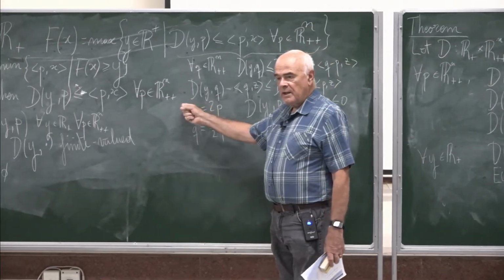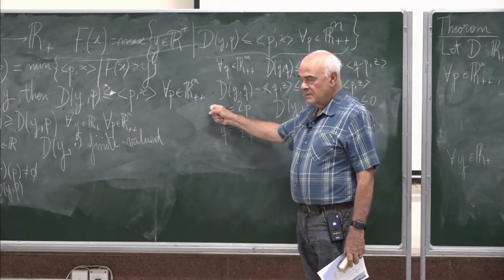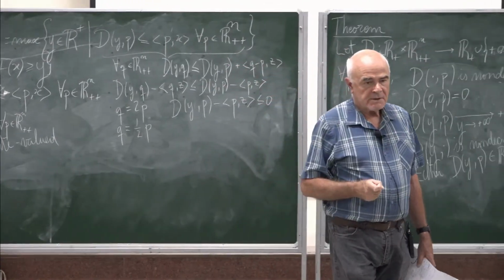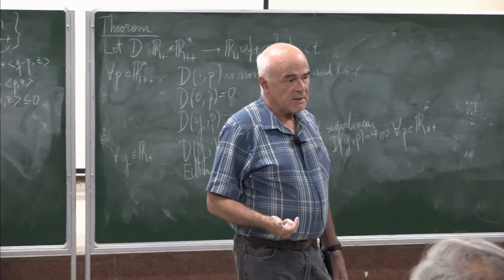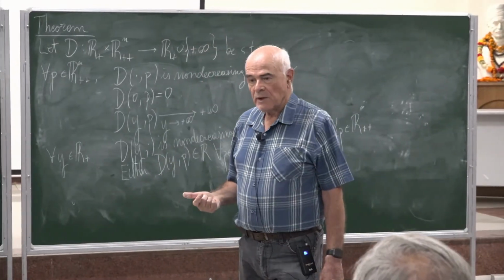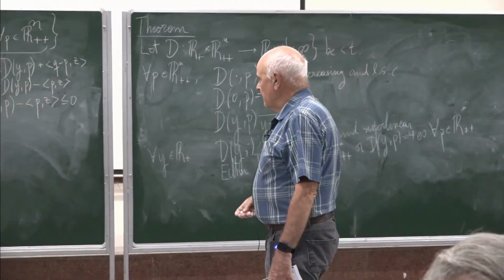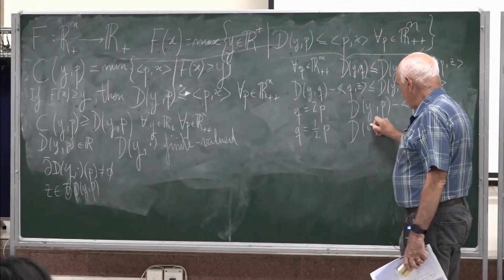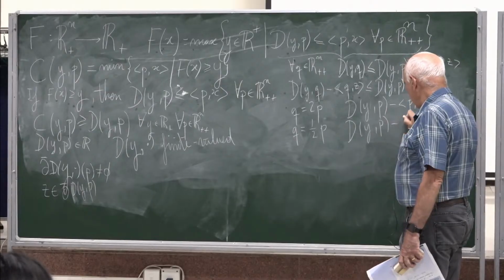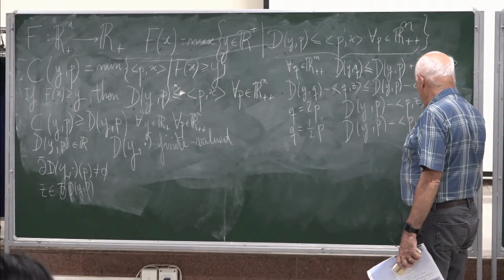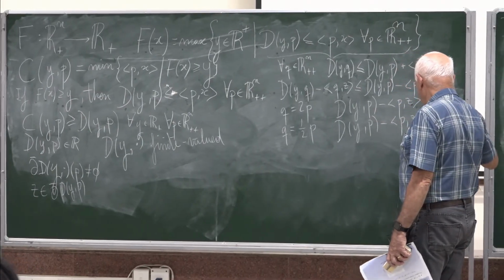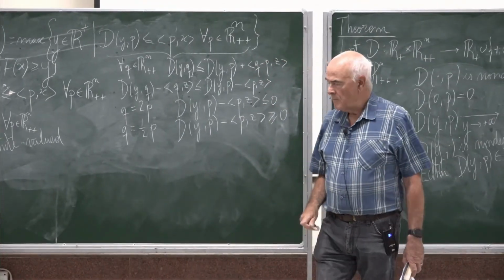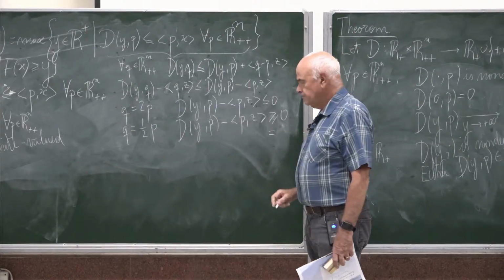So now I get that 1/2 the right-hand side is less than or equal to the right-hand side, which means that the right-hand side is non-negative. Do you agree? So we have equality.